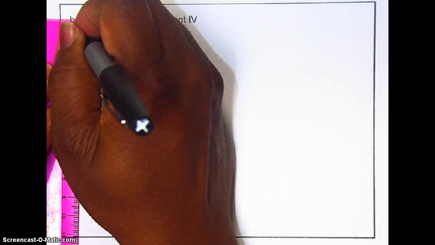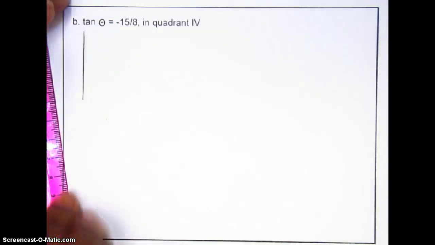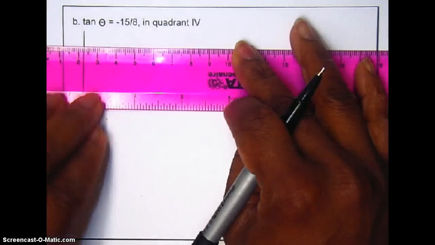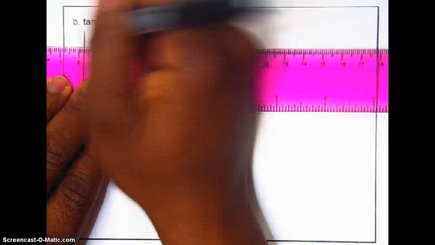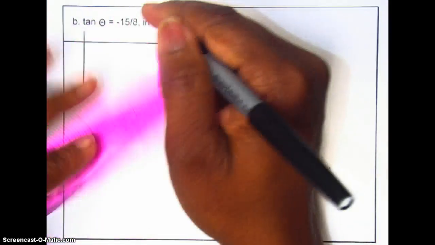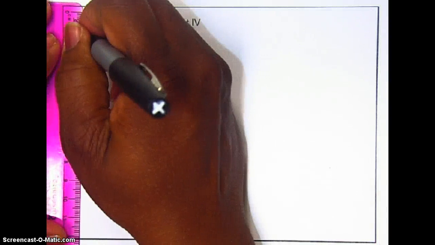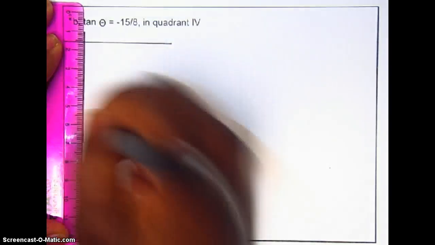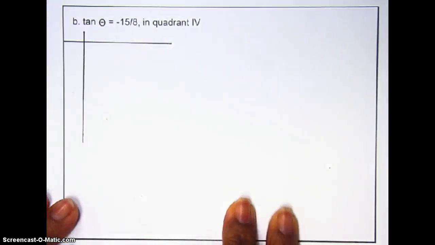So I won't use too much of the other quadrants. I'll just use what we need for the 4th quadrant. And I'll actually make the y-axis a bit longer so we can fit in everything that we need.